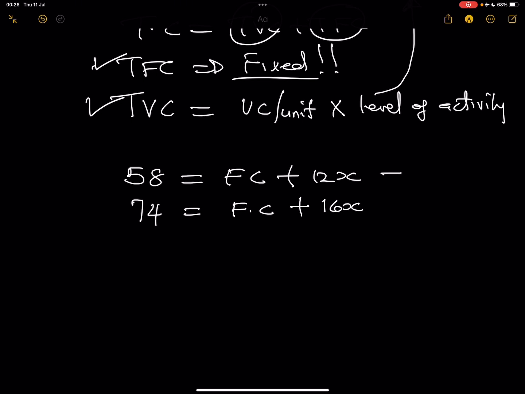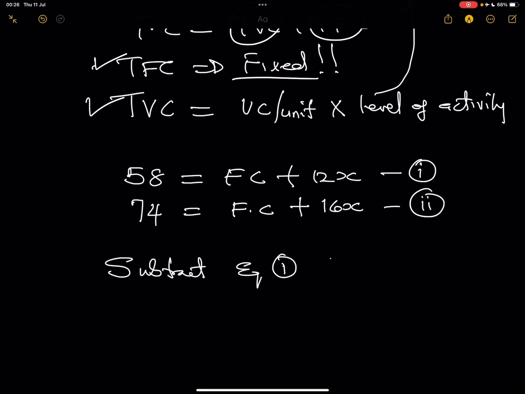We'll call this one equation 1 and this one equation 2. The next step is to subtract equation 1 from equation 2, which means this minus this, this minus this, this minus this.